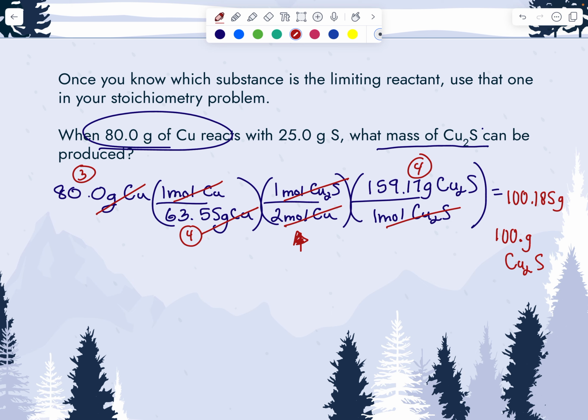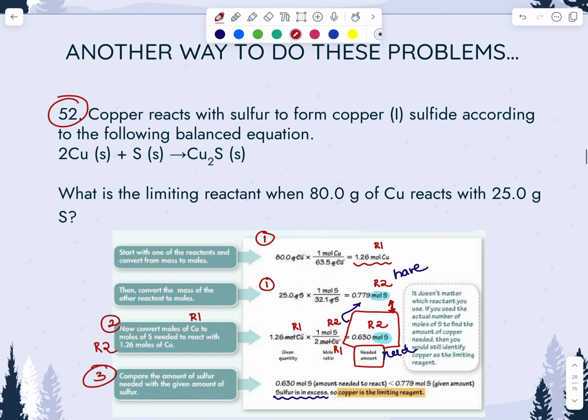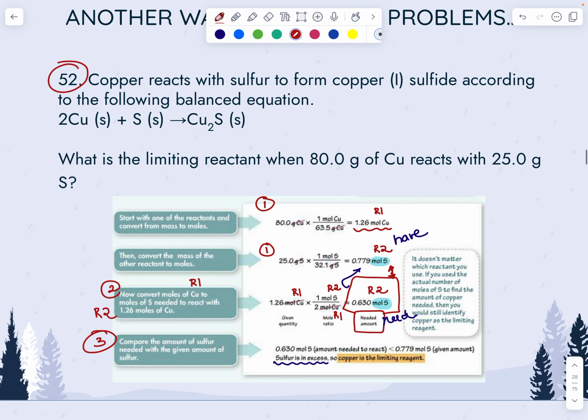So let's review the steps that we did to get this answer. What I did first was I converted both to moles. So step number 1 is to convert both of my reactants to moles.